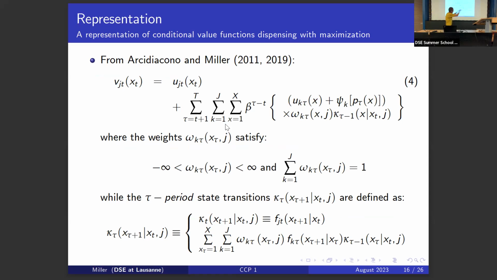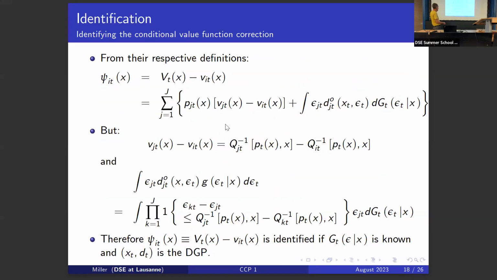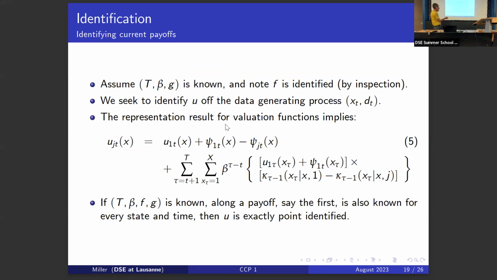And then over on the right side, we've got uj minus u1 and all this stuff related to these kappas, where in one case you start out with action j, and in one case you start out with action 1. Difference that guy for any set of omegas. So I still haven't answered your question. I will.